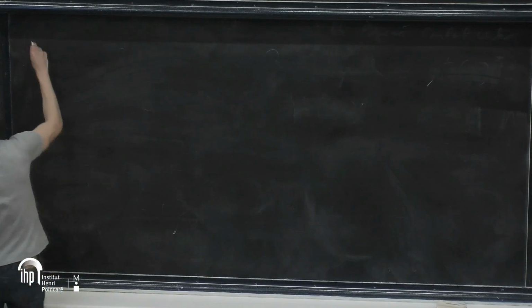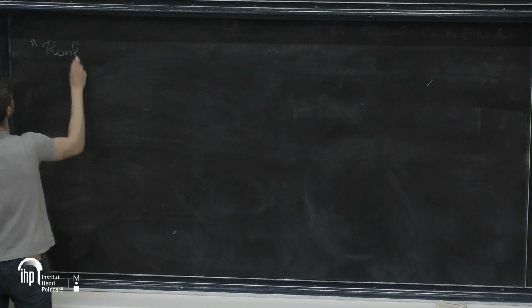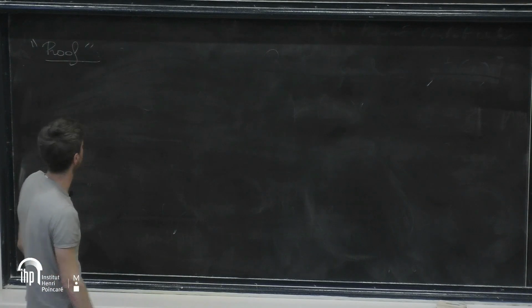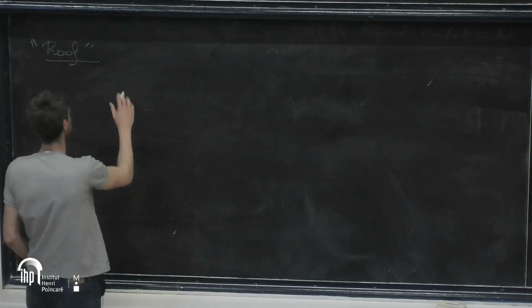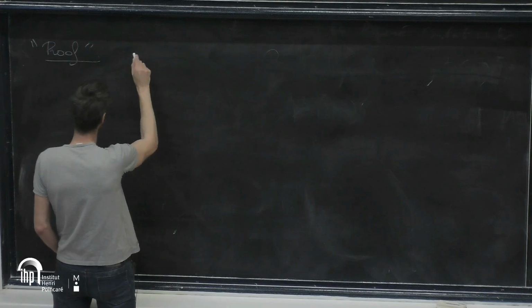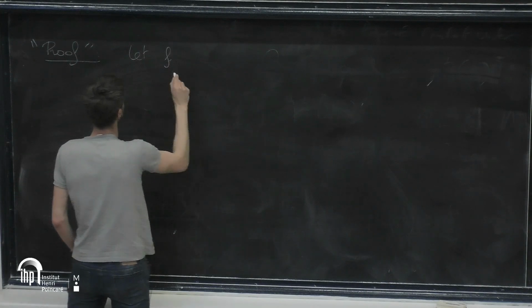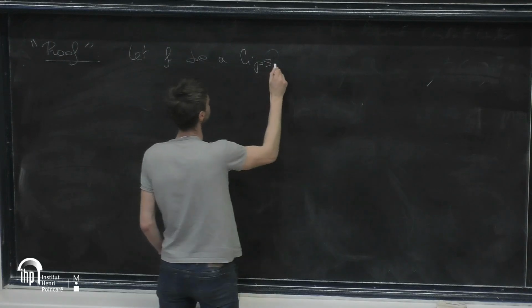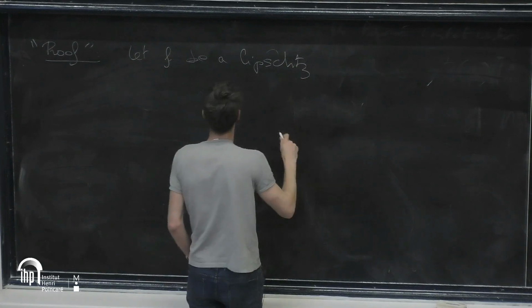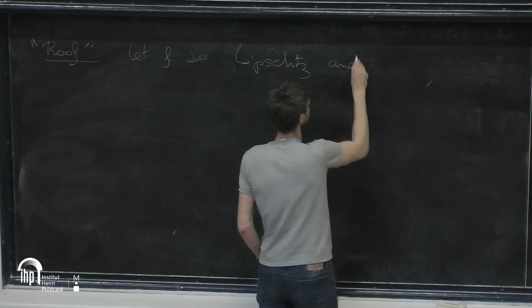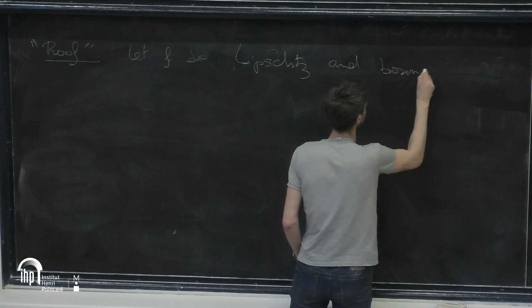Okay, so again, this will be a sort of proof. Maybe it will be a bit more serious than the other proof. So let f be a Lipschitz function, maybe unbounded, just to be on the safe side.